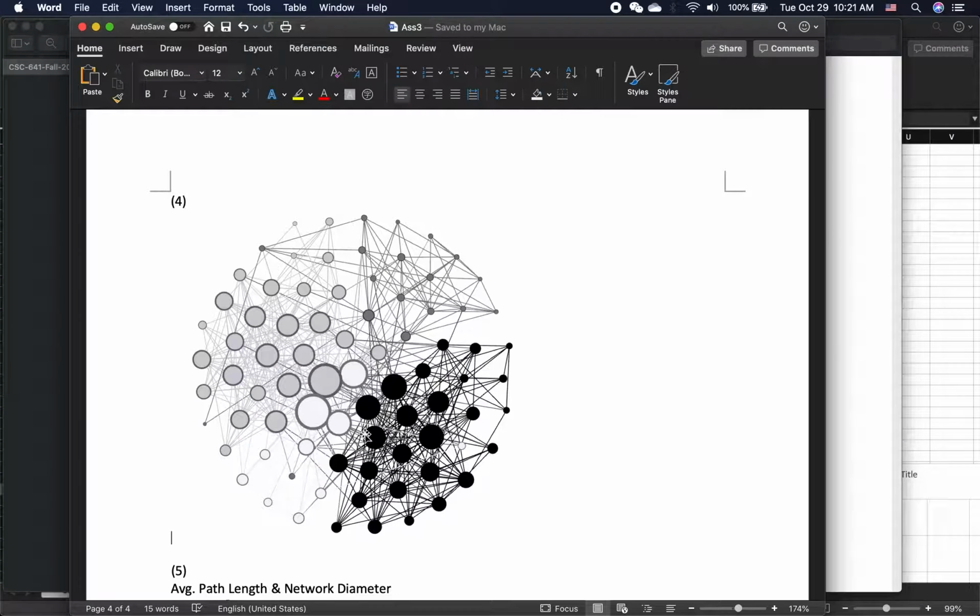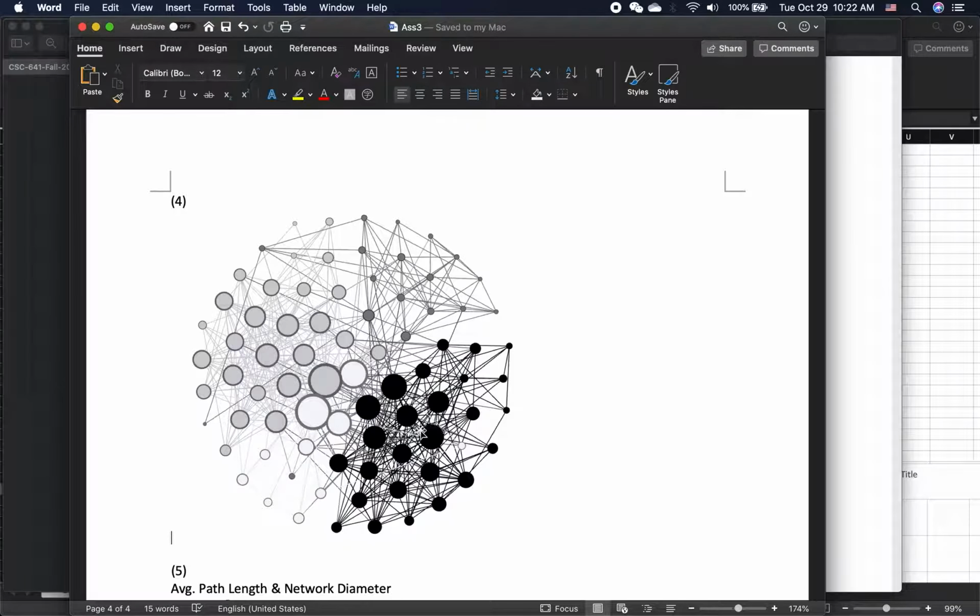So take these black nodes as an example. They are pretty big circles, so it means that they have a high eigenvector centrality value.